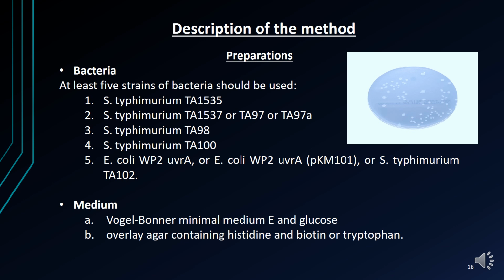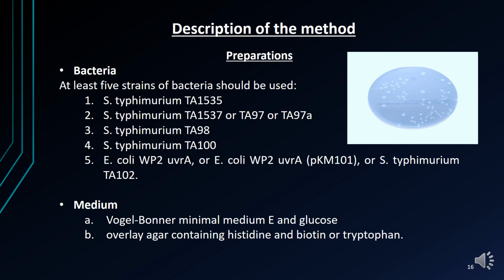Then there are some strains of E. coli bacteria, for example E. coli WP2 uvrA or E. coli WP2 uvrA pKM101, and then Salmonella typhimurium test strain 102 is also used, but it is rarely used.